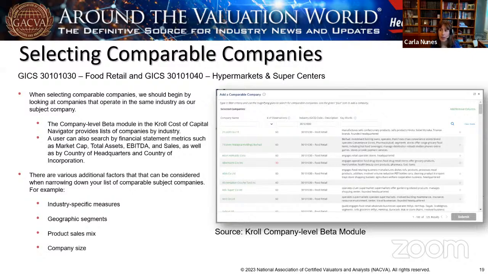The perfect example is usually Chinese companies like Alibaba or Baidu, which might be incorporated in the Cayman Islands, but most of their operations are actually in China. So you want to pick something related to China. But there are other circumstances where you want to look at the country of incorporation. So we give you both options to make a selection, if that's what you're looking for in terms of country.